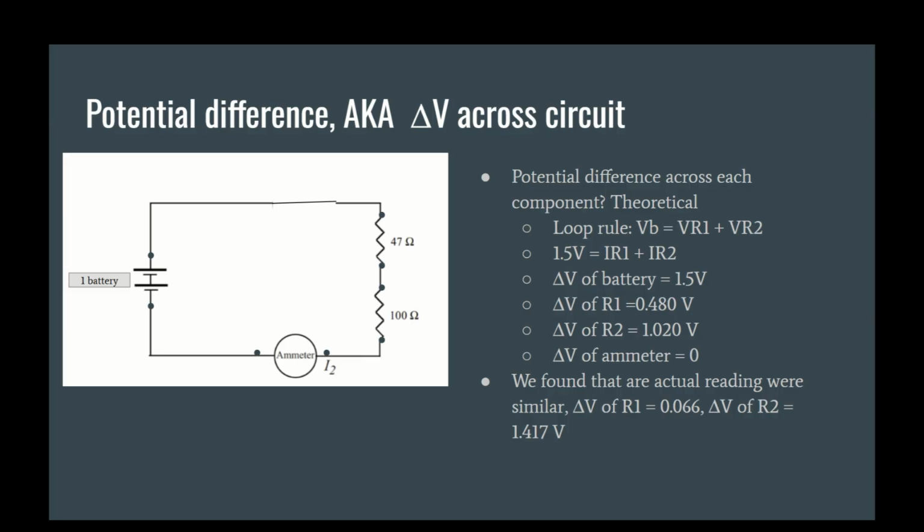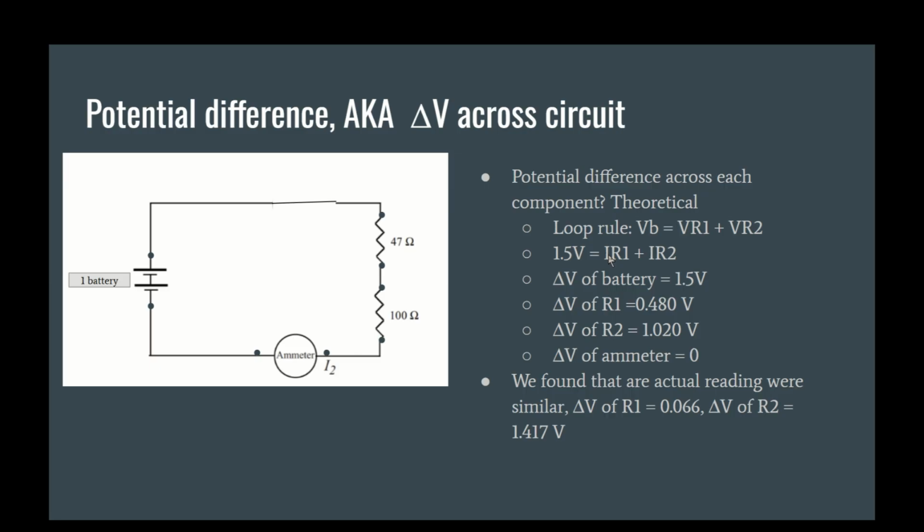Then we had to find the potential difference across each component of the circuit. In order to do this, we had to take into account the loop rule, which told us that the voltage of the battery had to be used across this resistor and this resistor. We could ignore the ammeter because we assume it has 0 resistance. We know the voltage of the battery, and we know V is equal to I times R, so we plug that in.